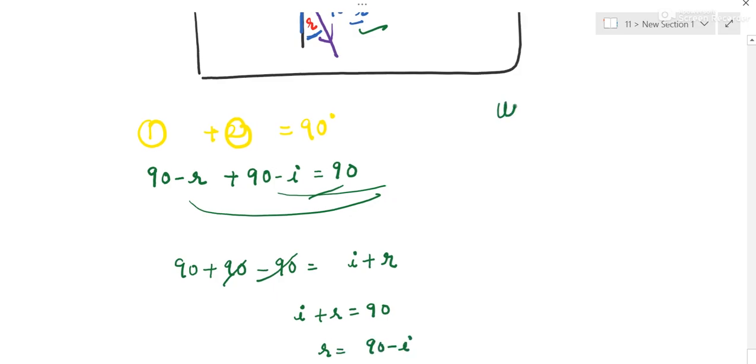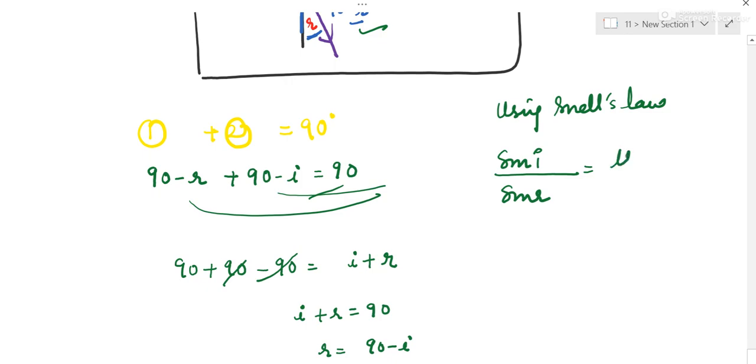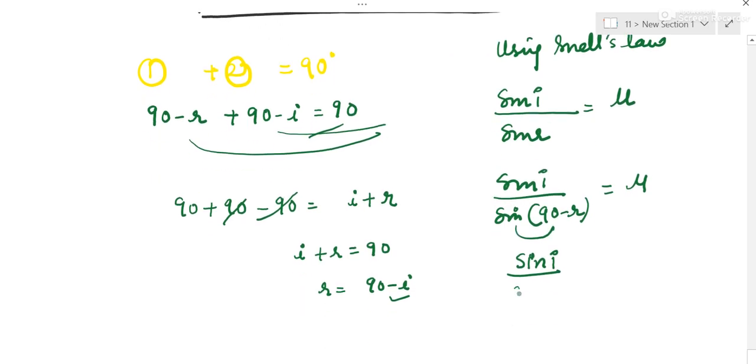Now we will use Snell's law. Snell's law says sine of i by sine of r is equal to the refractive index. So sine i is sine i, and sine of r is sine of 90 minus i, equal to mu. Sorry, it's i.